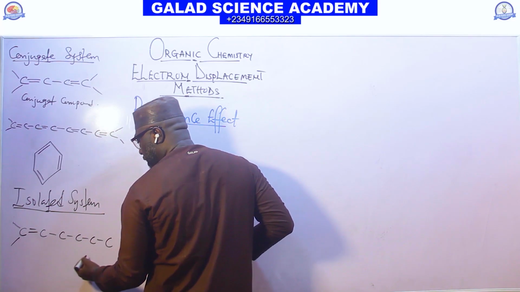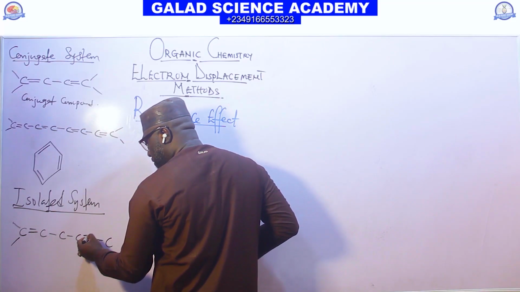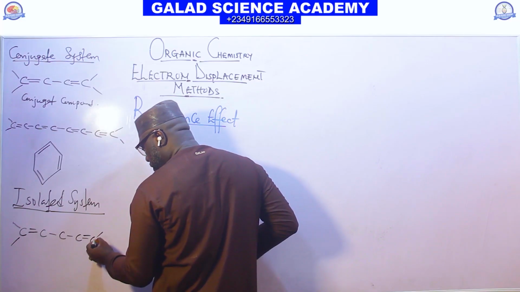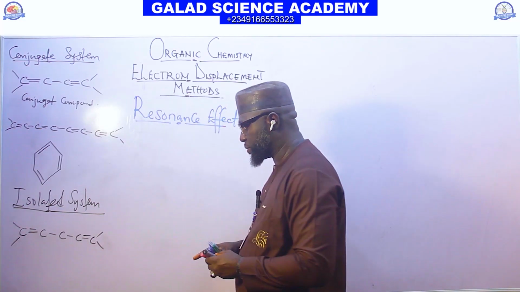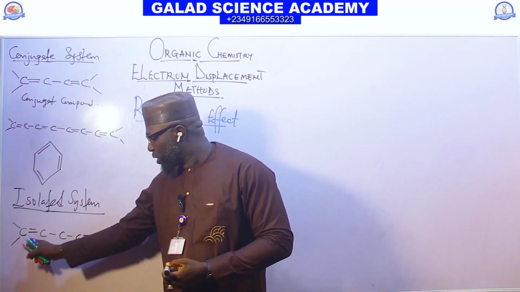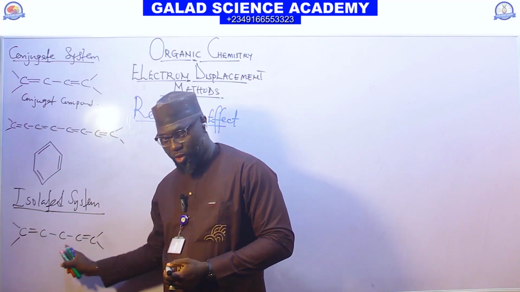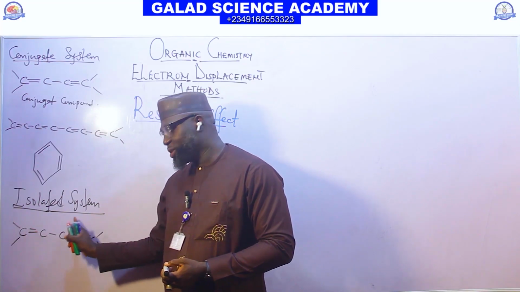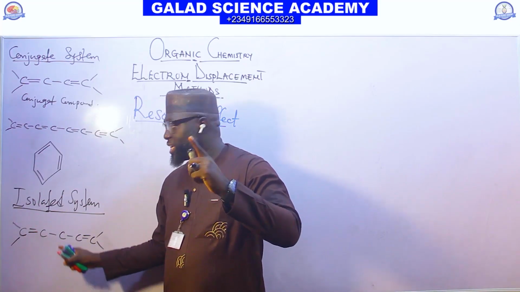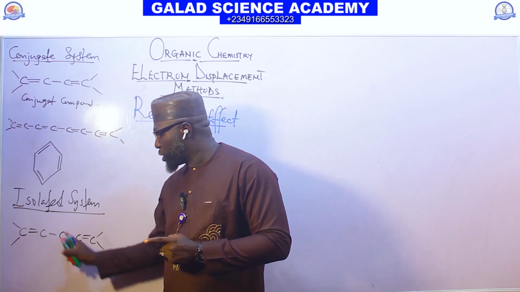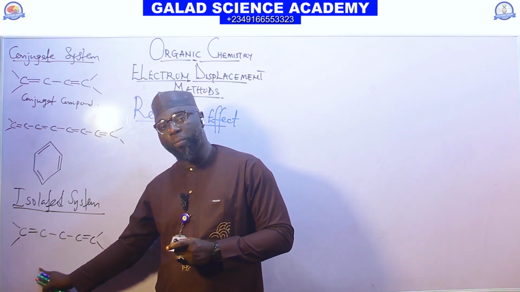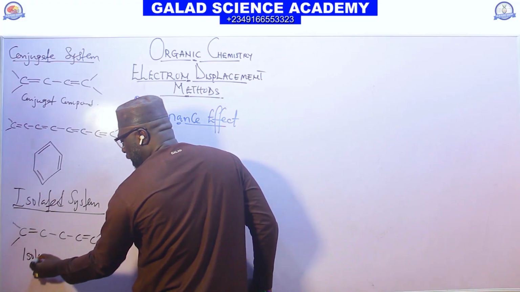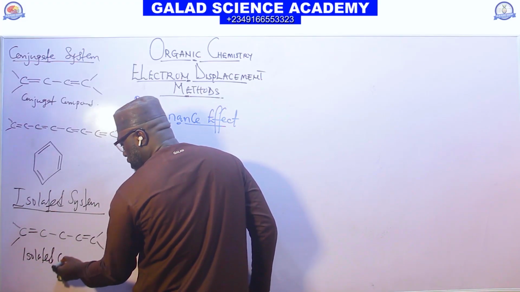If we have a double bond there and another double bond there, look at this compound. Do they alternate? No. It is not double bond, single bond, double bond. This kind is called an isolated compound.